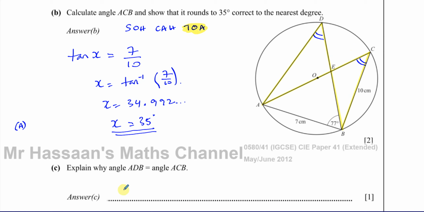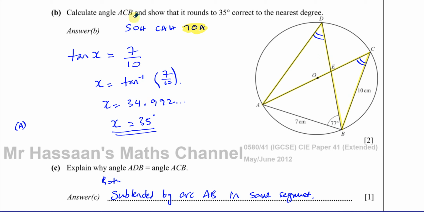Okay, so you can say that they are both subtended by the arc AB, and they are in the same segment. If you just write same segment, that's enough.